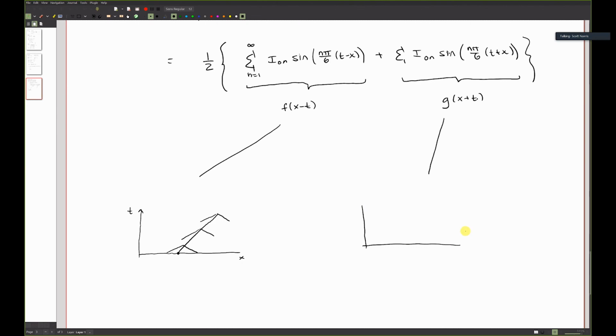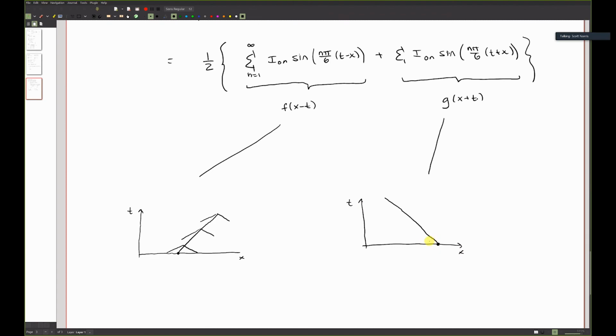Conversely, what does it mean to be a function of just the quantity x plus t? Well, if x decreases by 1 and t increases by 1, then I'm back where I started. So whatever value I start with here is going to translate to the left as time increases.